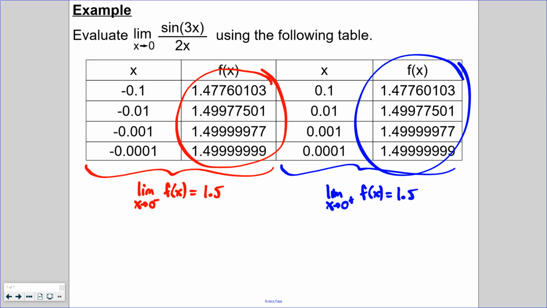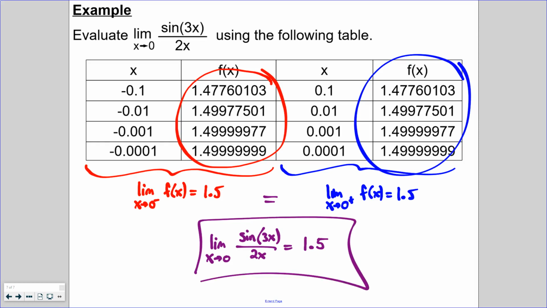So in this case, the limit from the left equals a number, the limit from the right equals a number, and those two numbers are equal, so therefore our limit as x approaches 0 of sine of 3x over 2x is going to be 1.5. And there you have it, folks, evaluating limits using tables.